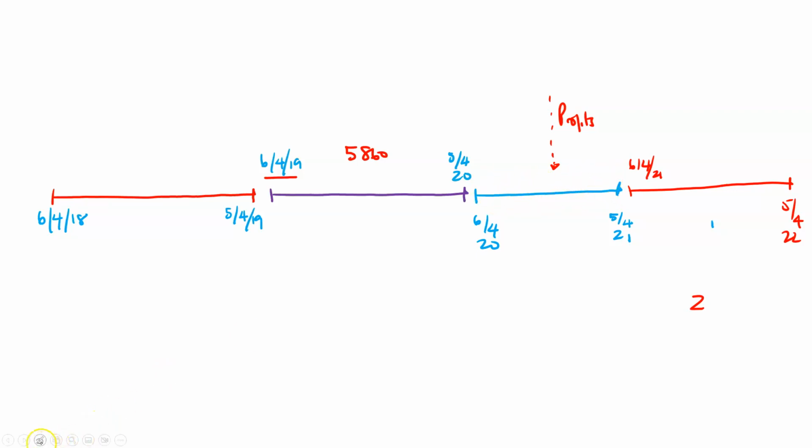The first thing it's saying to you is this: look back at the last accounting period. Take the profits that were made in the last accounting period and split that into two parts. So I'm going to take the 5,860 and split that into two equal parts.